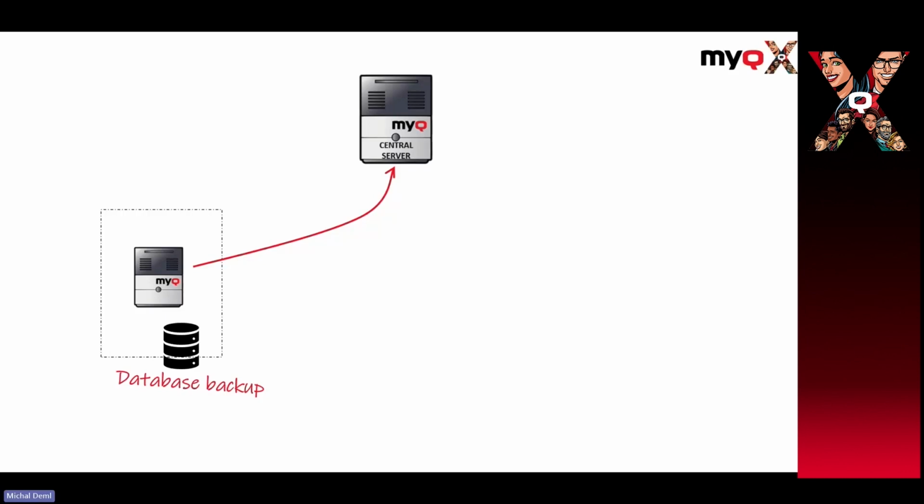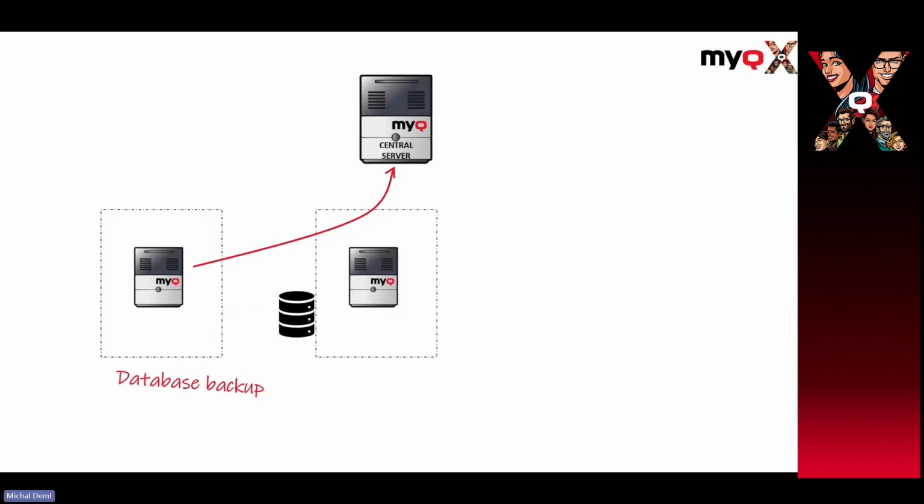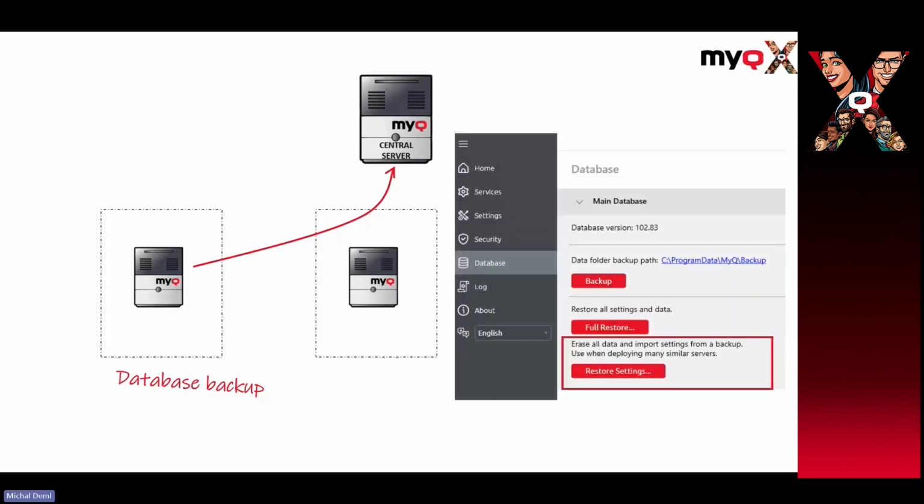So you will go to the Easy Config and press the button to create a backup of the database. Then you can create a new, fresh server, and there, using the Easy Config, you can use the new button below the full restore, and that's the option to restore only the settings.